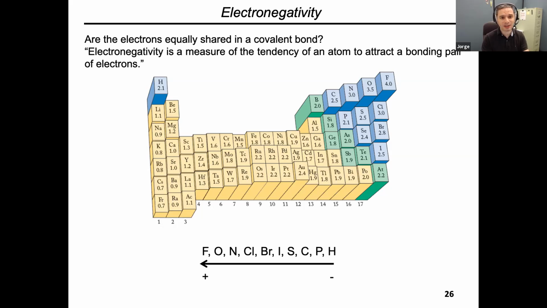And electronegativity is going to reflect that. Therefore, electronegativity is a measure of the tendency of an atom to attract a bonding pair of electrons. Higher the electronegativity of the element, higher the intensity that this element will attract the pair of electrons in a covalent bond.